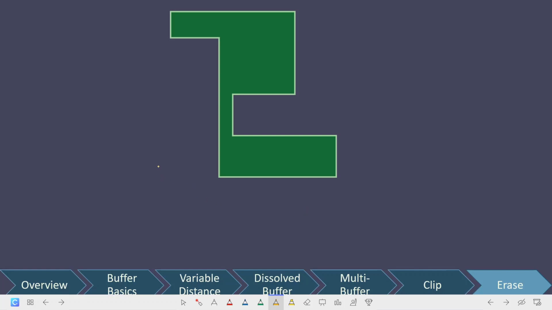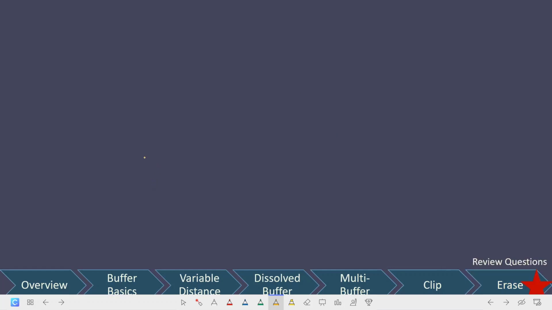So let's go through some review questions. But before we do that, I want to make one quick note about clip and erase. And that's that clip and erase do not modify the attribute table.